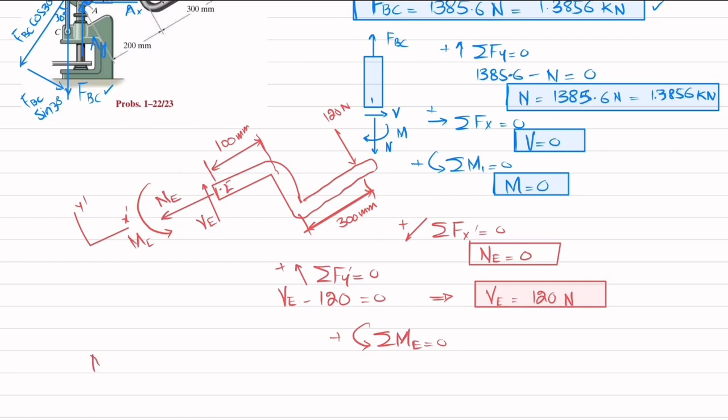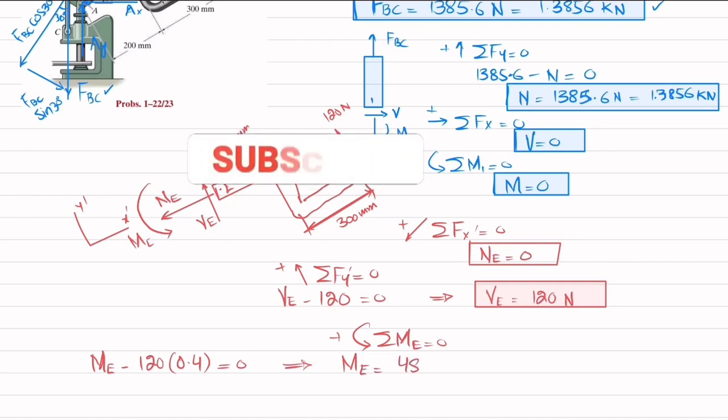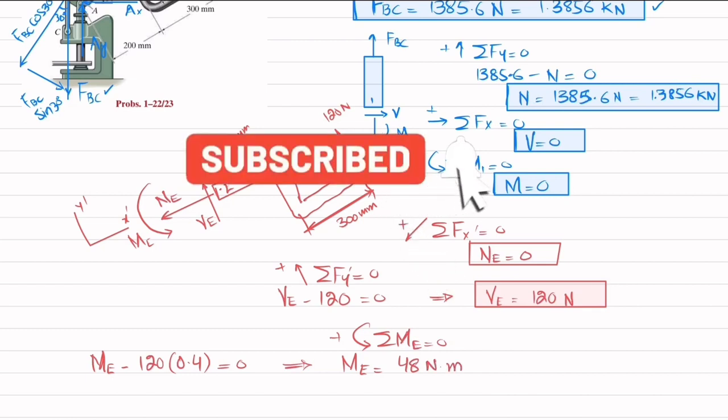So I will write ME minus 120 into perpendicular distance 400, which in meters is 0.4, is equal to 0. So from here you will get the moment about point E comes out to be 48 Newton meter.